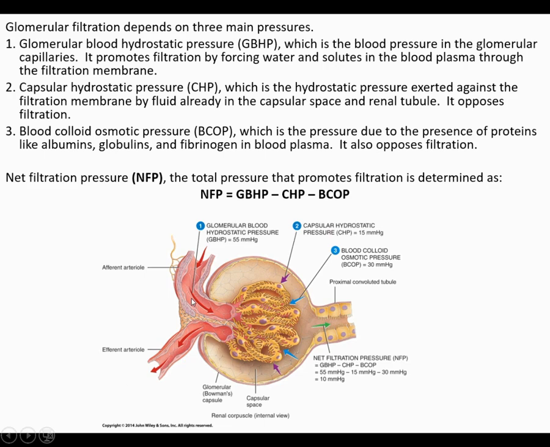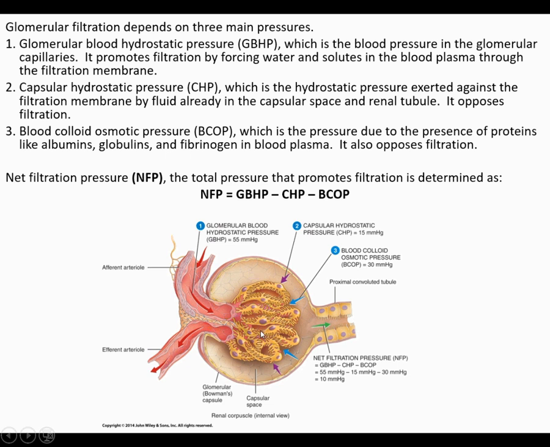It's not very drastic, but the afferent arteriole, which brings blood into the corpuscle, is actually wider than the efferent arteriole, which brings blood out of the corpuscle. So basically, more can come in than can leave, which means that the blood in here is under a lot of pressure.